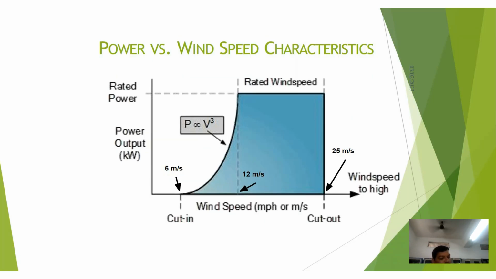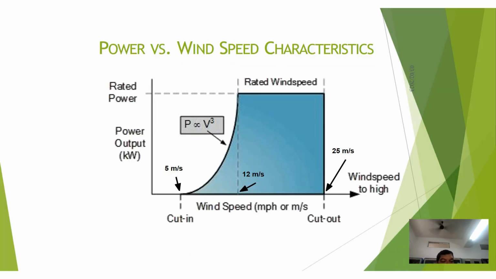According to Betz's law, the maximum conversion efficiency of the wind energy is only 27%. The remaining 73% is wastage from the conversion of wind energy to electrical energy.